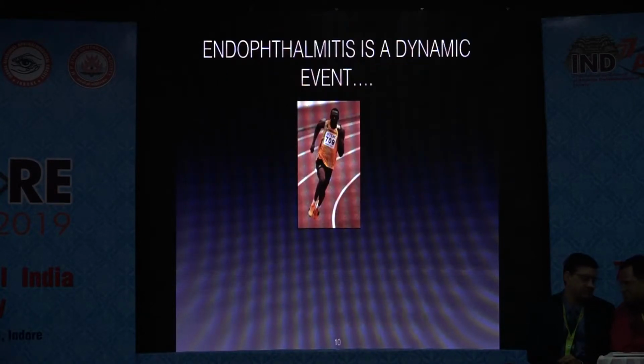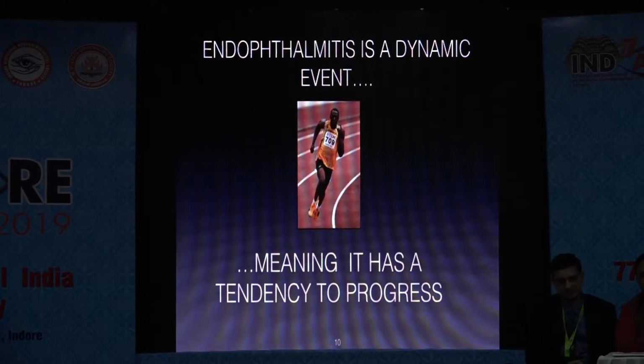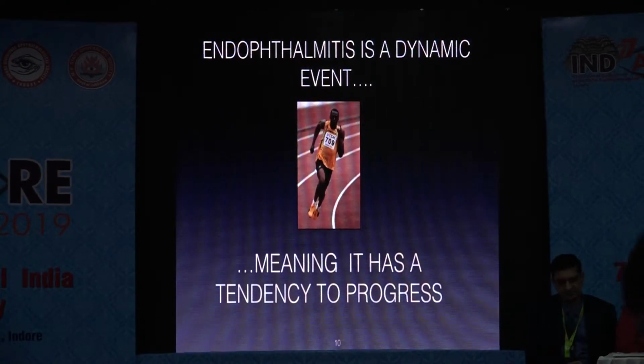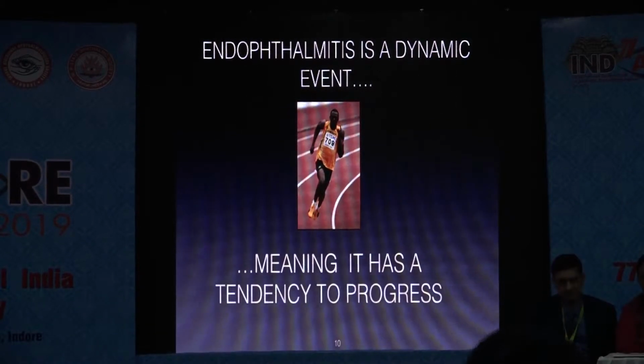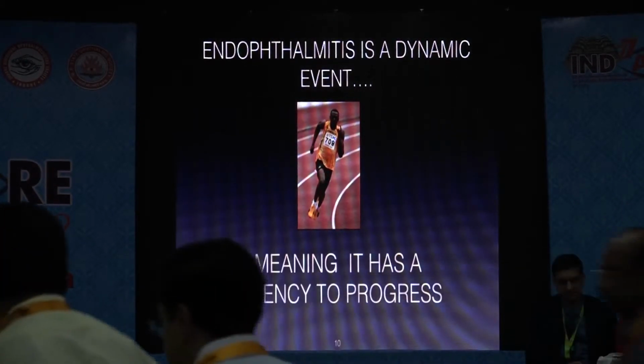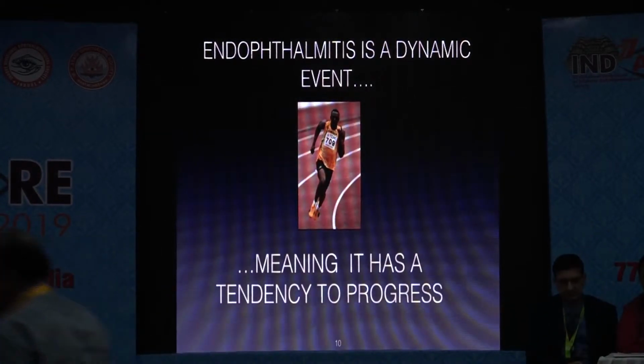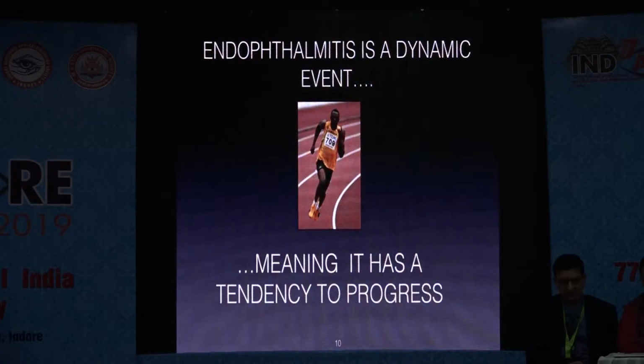I would also like you to think of endophthalmitis as a dynamic event rather than a static event. This means that endophthalmitis has a tendency to progress. So when you're classifying endophthalmitis, please do not talk about moderate or severe endophthalmitis, as most people do, but talk about early or advanced.